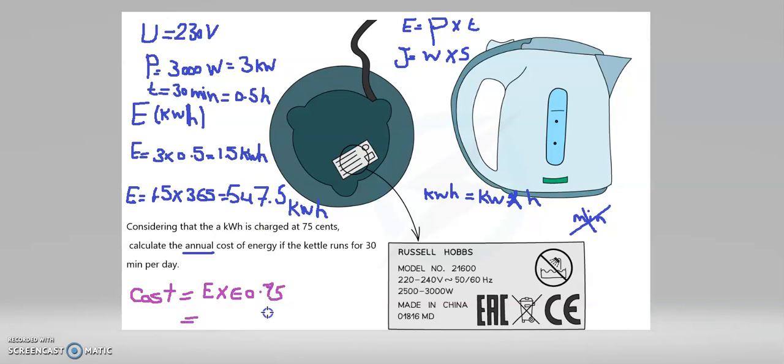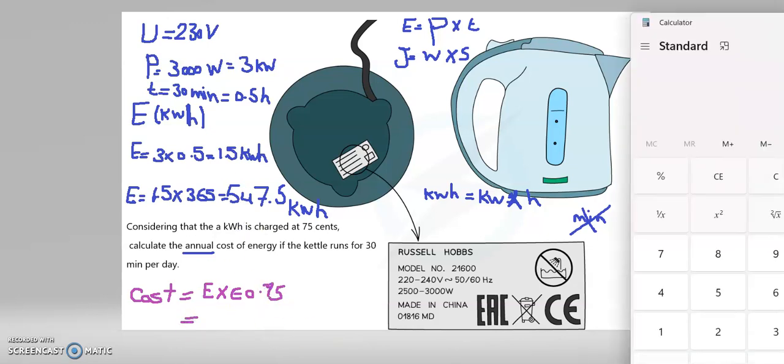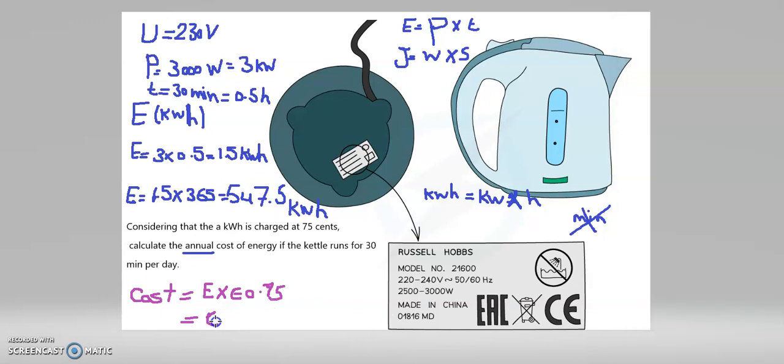So if we multiply these two, then we get, I'm going to round it off, 411, and that is in euros, 411 euros.